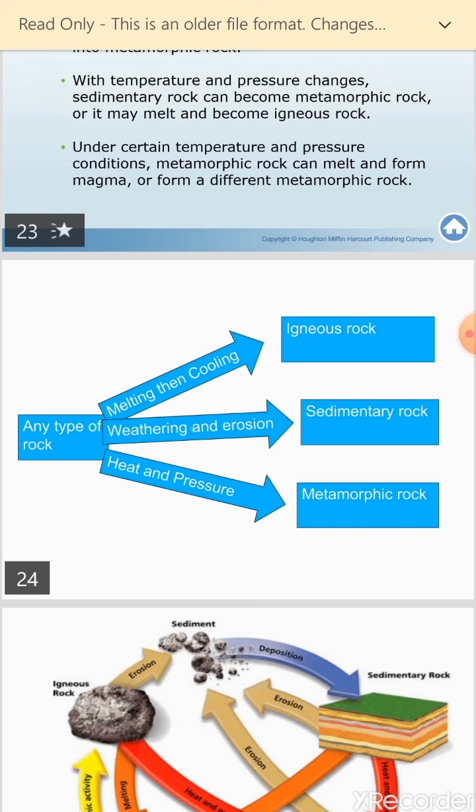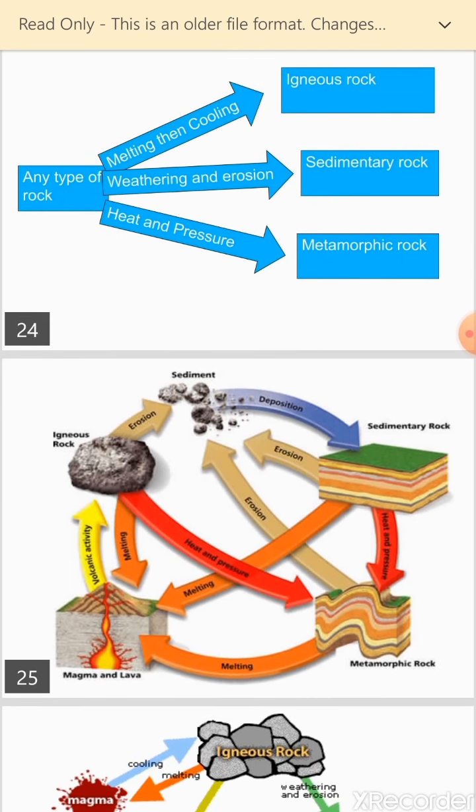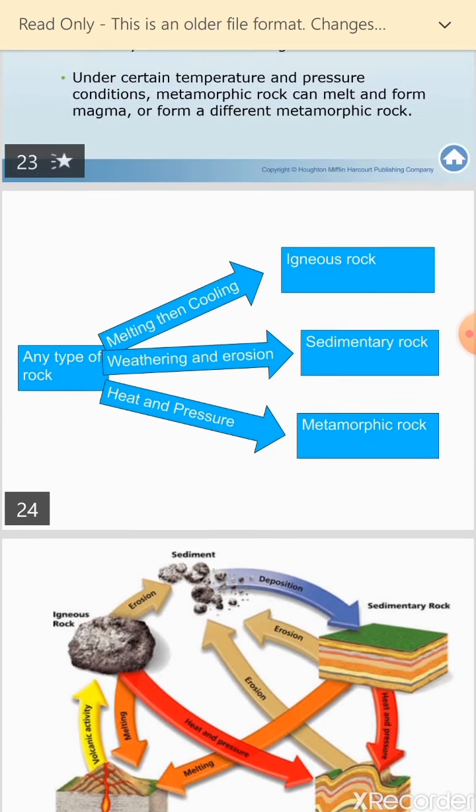After weathering, then erosion, it will be sedimentary. After heat and pressure deep under the ground, it will be metamorphic. So this is our concept. This is the principle that we will work on. That's it. This is the principle of the rock cycle, which we will continue in the next period.